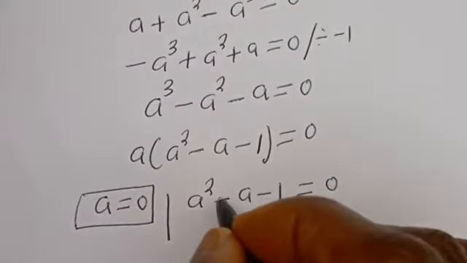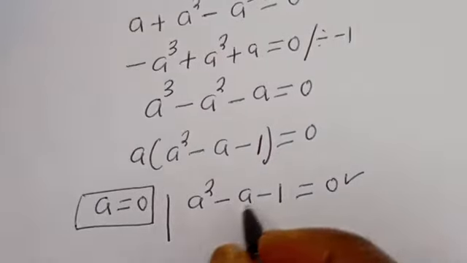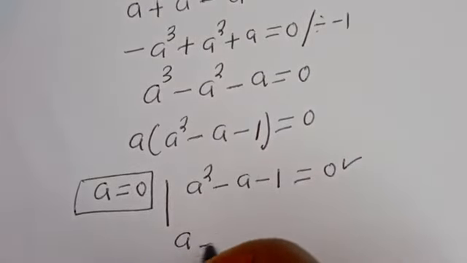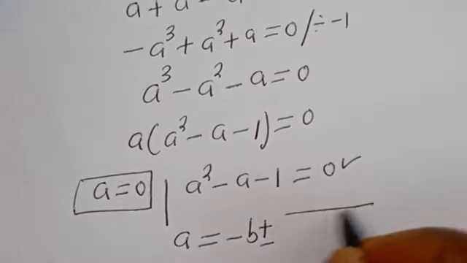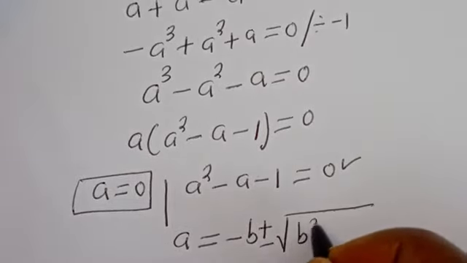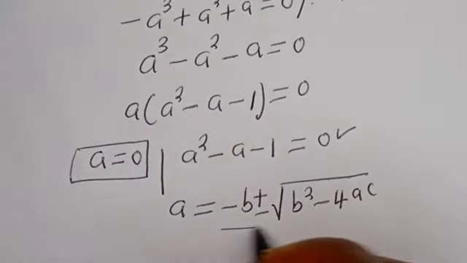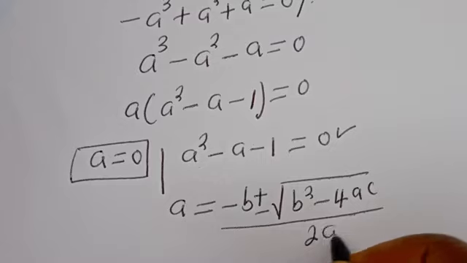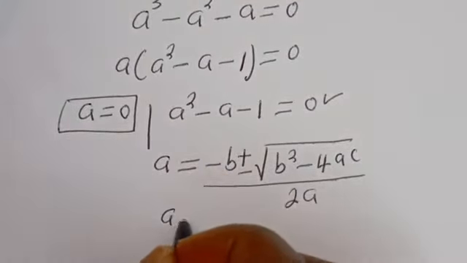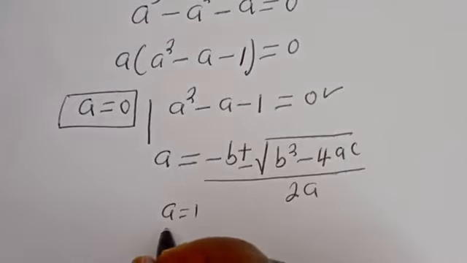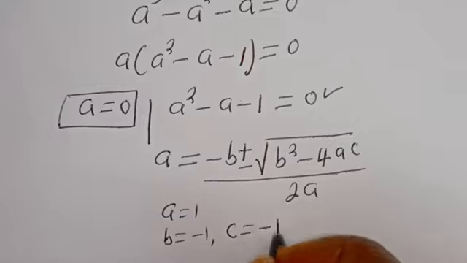And here, a squared minus a minus 1 is a quadratic equation. Let's solve this using the quadratic general formula: a is equal to minus b plus or minus square root of b squared minus 4ac, divided by 2a. From this equation, a equal to 1, b equal to minus 1, c equal to minus 1.